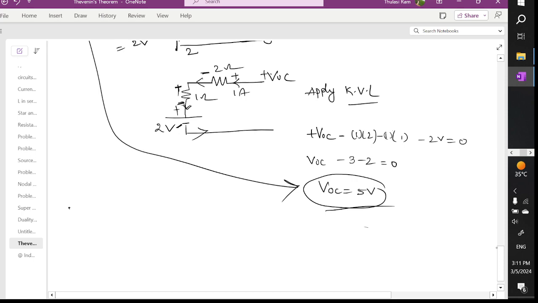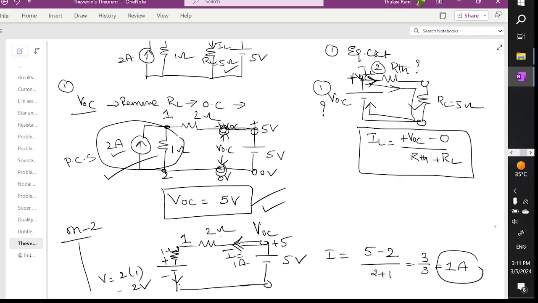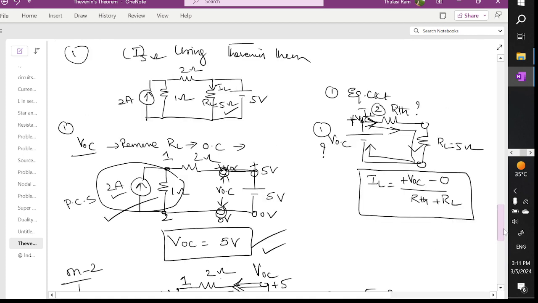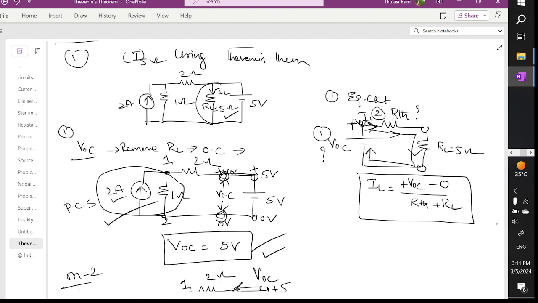Now the second step is finding R internal. How to find R internal: remove this load resistor. You can see this is an independent current source and this is an independent voltage source. Draw with its equivalent.